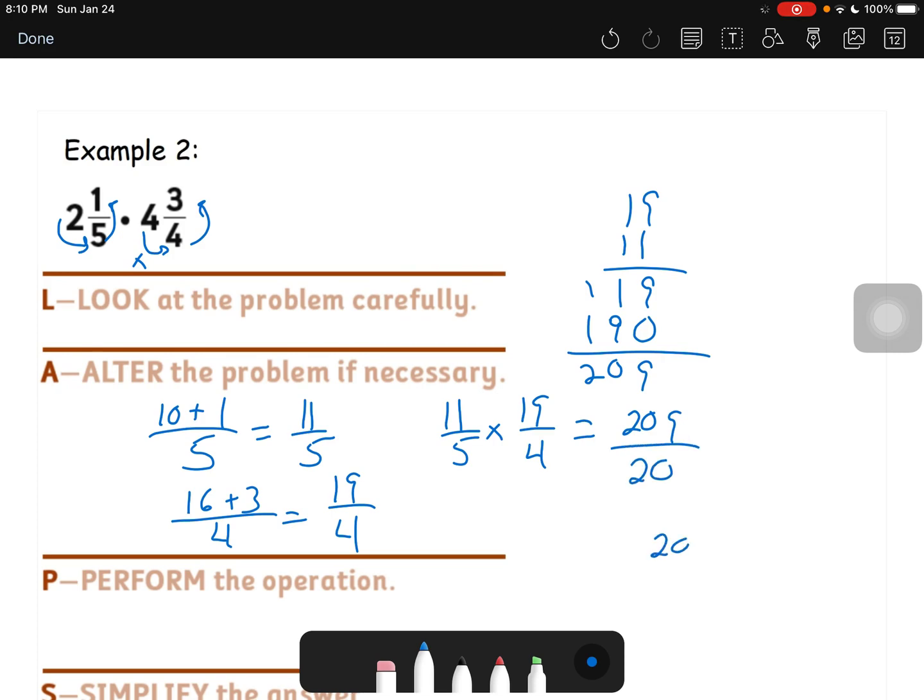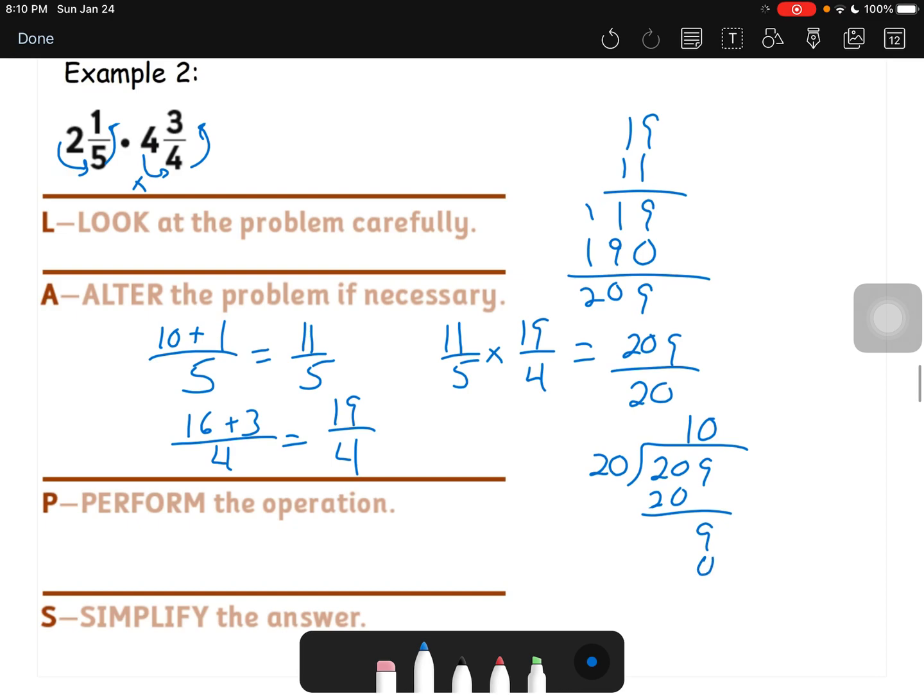So if I take 209 divided by 20, that's going to go in there 10 times, just 200, so that's going to be 0 for that. 20 goes into 9 0 times. So I get a remainder of 9. So it's 10 and 9/20ths for that one. Okay.